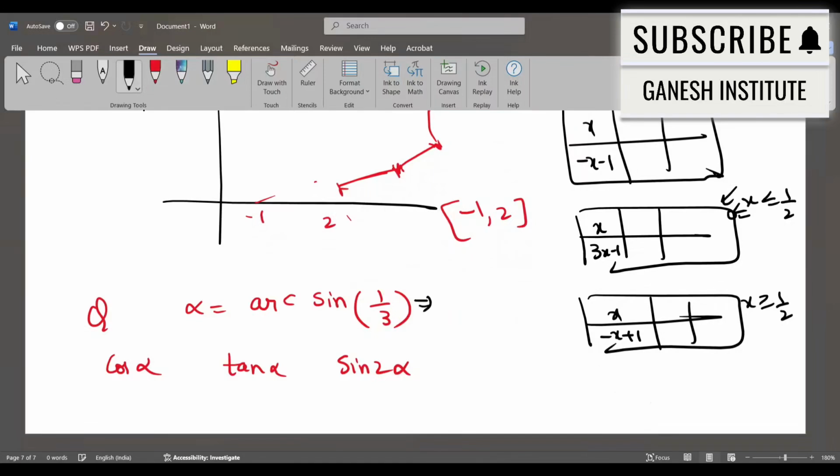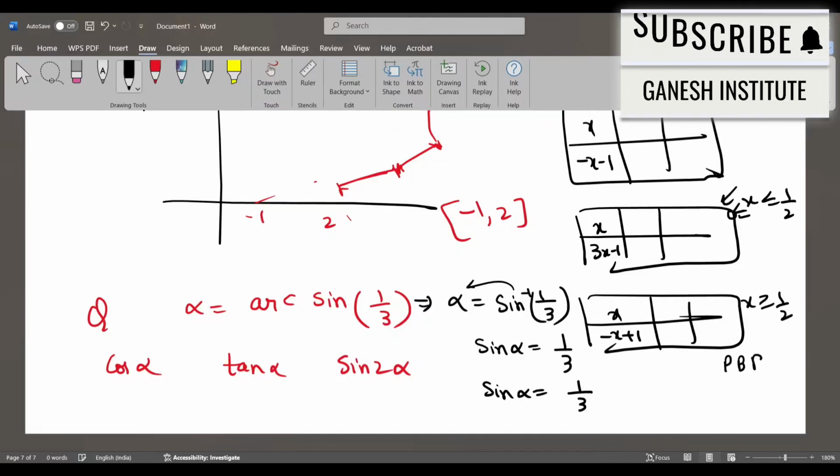So here arc means sine inverse, right? Yes. And then you change it: sine alpha equals 1 by 3. Now what you do, you compare it with the, do you have any acronym for this? Okay, how do you learn this trigonometric ratio?